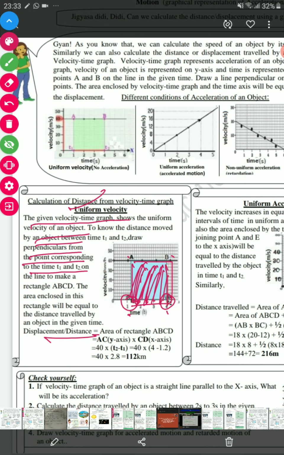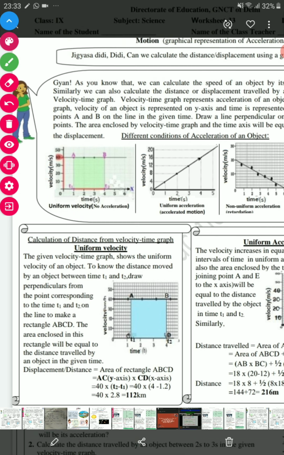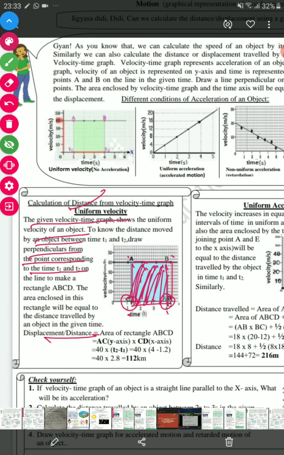So we have displacement as the area of rectangle ABCD. What is the formula for the area of a rectangle? Length into breadth. Or we have AC into CD. By multiplying this we will get the answer 112. How does this quantity come about?